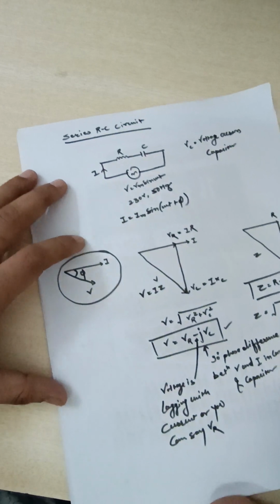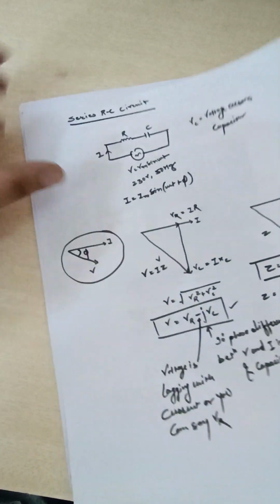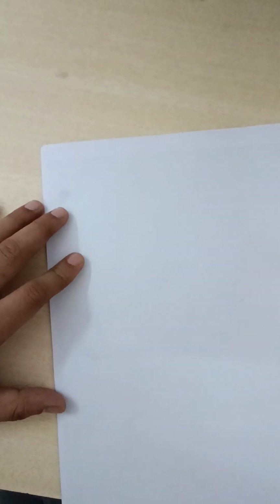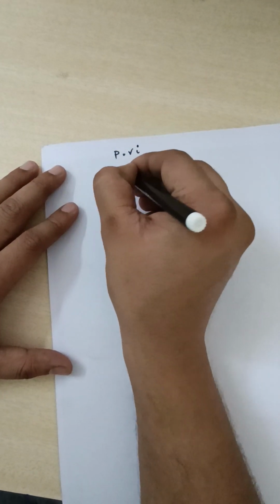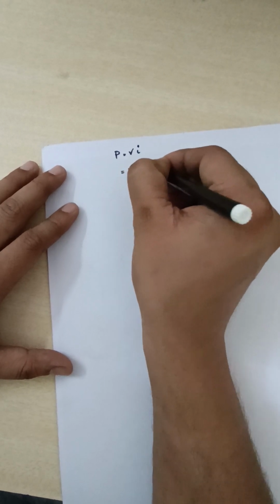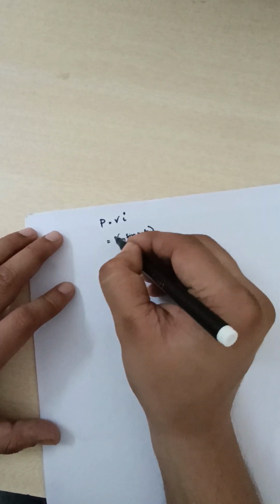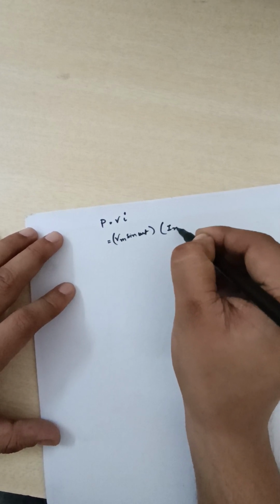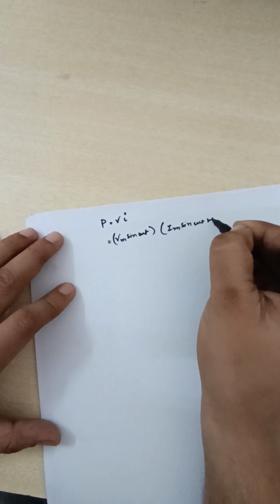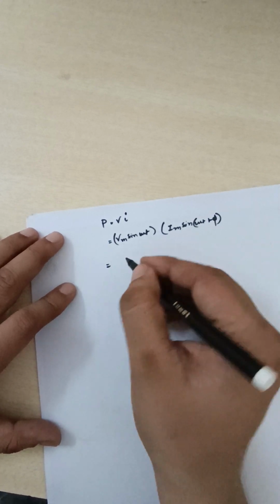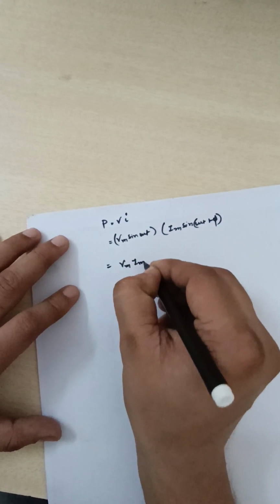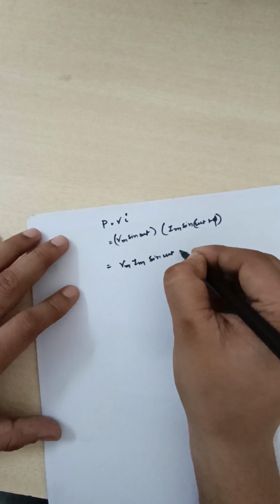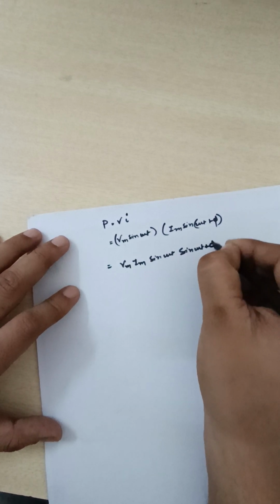Now what will be the power? Power will be equal to V into I. So V is Vm sine omega t, and current is Im sine omega t plus phi. So again, Vm Im sine omega t sine omega t plus phi.